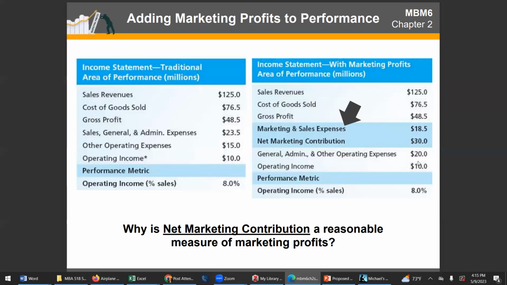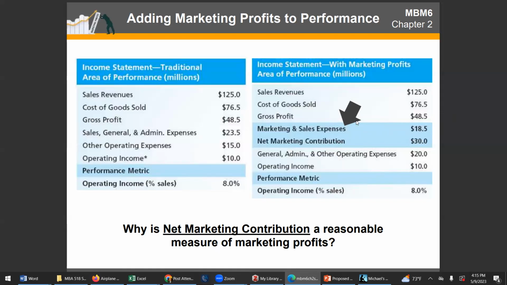Okay. So again, the total 38.5 is the same on both sides. We're just teasing out the marketing and sales expenses so that we can appreciate what is the net marketing contribution. Okay. So in this case, what we're seeing, in both the left-hand side and the right-hand side, is gross profit is 48.5.